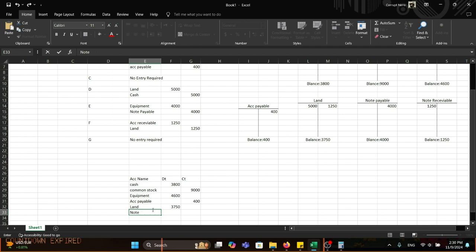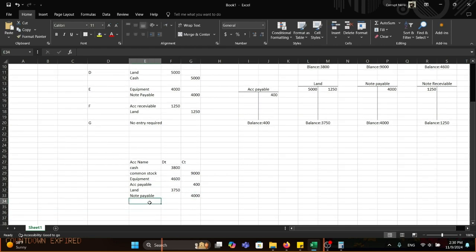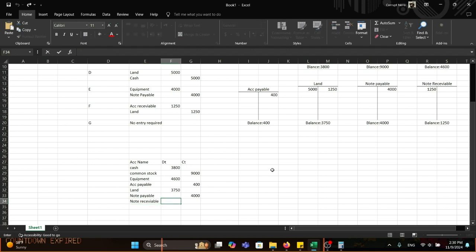Since it's note payable, we are going to write it on the credit side, because we have to pay it. And notes receivable is on the debit side because we're going to get the money from them, 1,250.